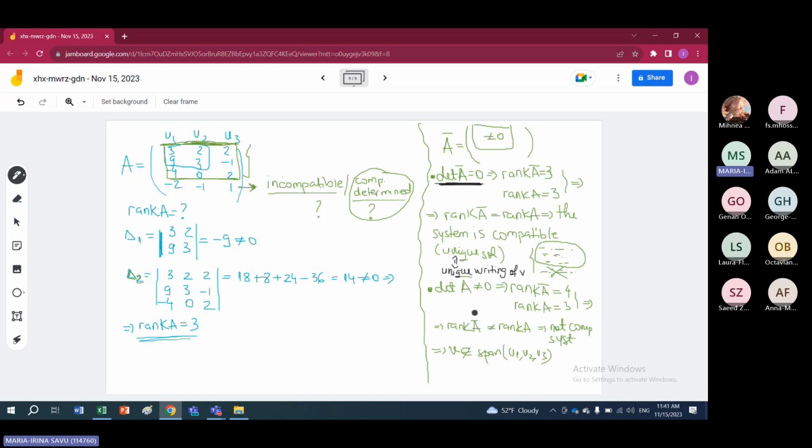But the independence will apply to U1, U2, U3, and the free terms column. So you have to see if U1, U2, U3 and the free term column, which is B, are independent. If all these four vectors are independent, it means that you are in this case, so you don't have a solution.